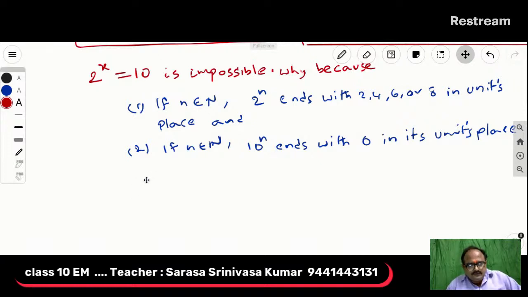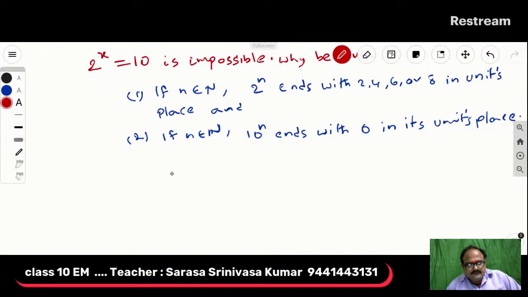So we have written this part. Okay, now this step, 2 power x equal to 10, is impossible. It is very clear.